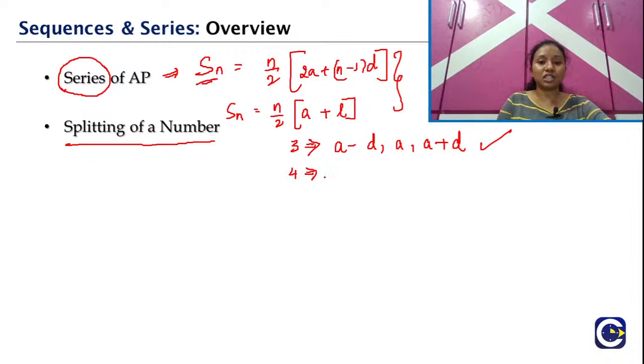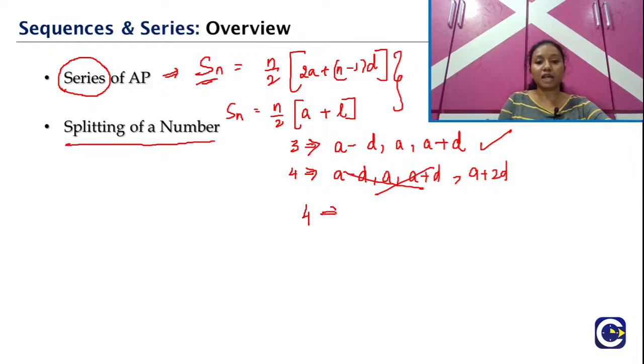We have split a given number into these 4 different parts. If we sum this, we'll be remaining with 4a plus 2d, which means we are not exactly eliminating one of the terms, that is d here. So this must not be the exact order.